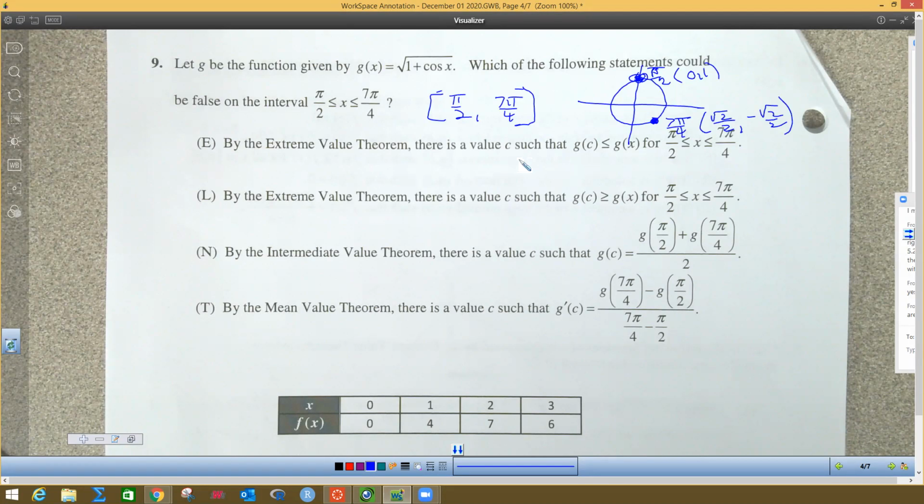Does the extreme value theorem say anything about guaranteeing that there are values less than some other value? What does the extreme value theorem tell us?